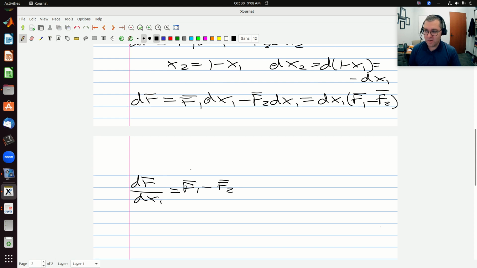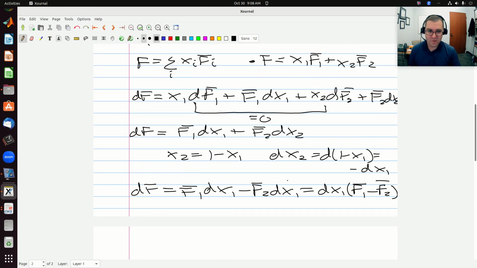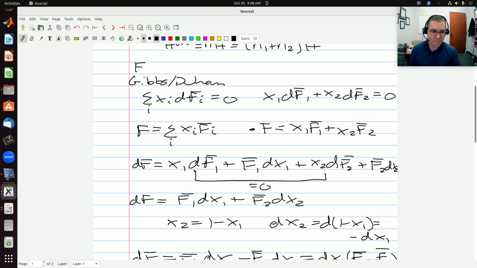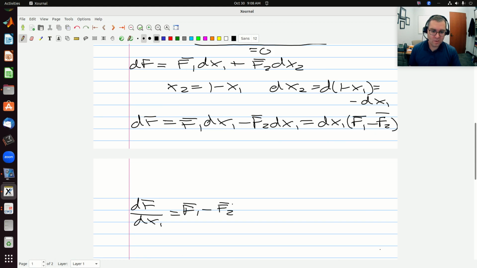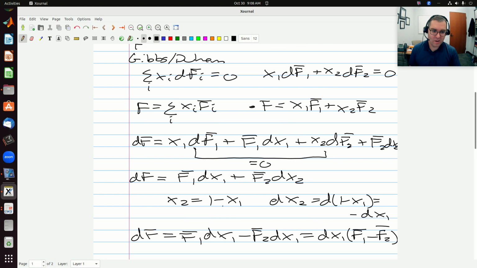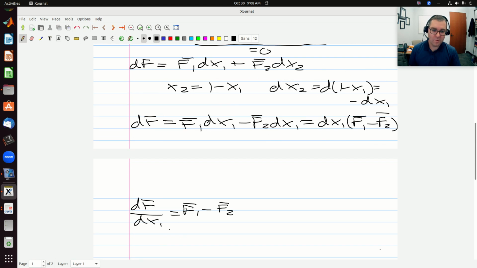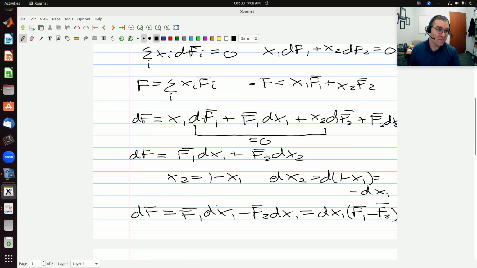So now what are we going to do with this? I could do a number of things. One is to come up to the equation for f, where on the right-hand side I have a difference in f-bar 1 and f-bar 2. I'm going to replace using my equation here and see what happens.